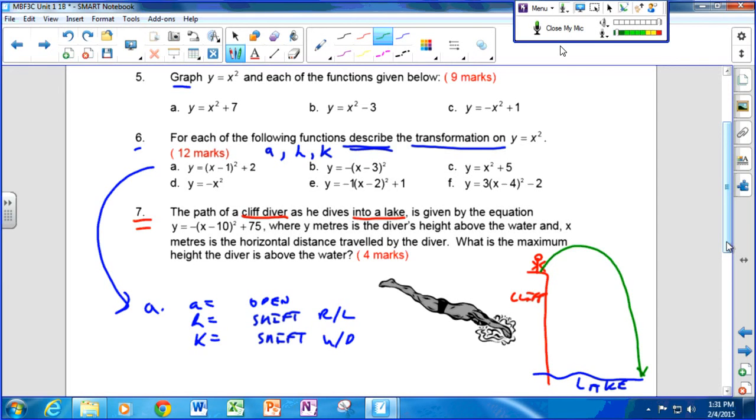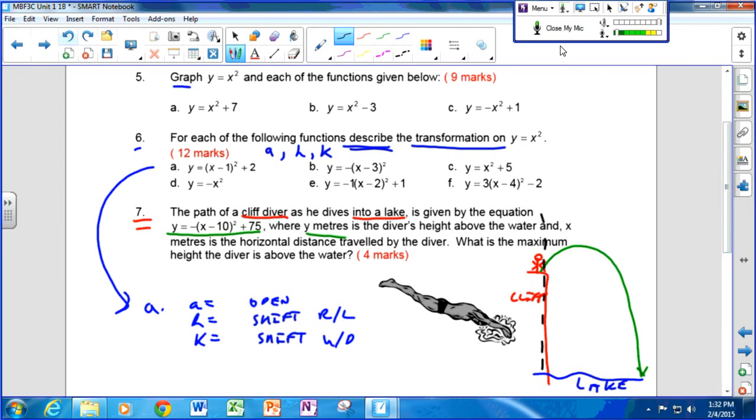And this is the equation of his fall: y equals negative (x minus 10) squared plus 75, where y meters is the diver's height. Probably going to look something like this. I don't know where the x-axis is on here.